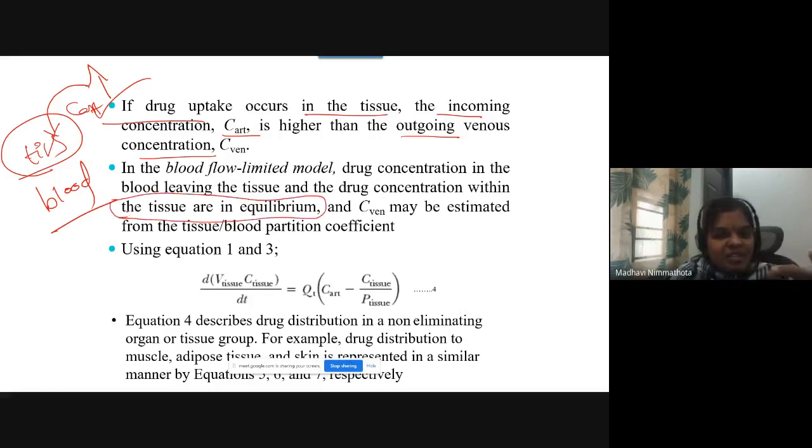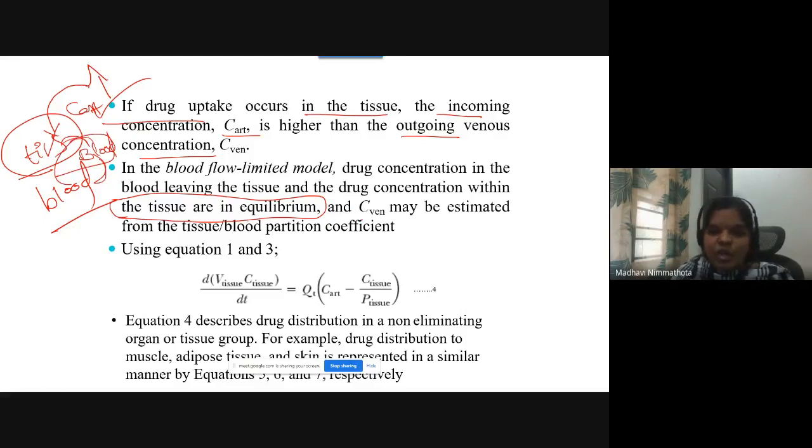So with respect to the blood flow limited model, your drug concentration will be the same, in equilibrium, in the tissues and the blood.